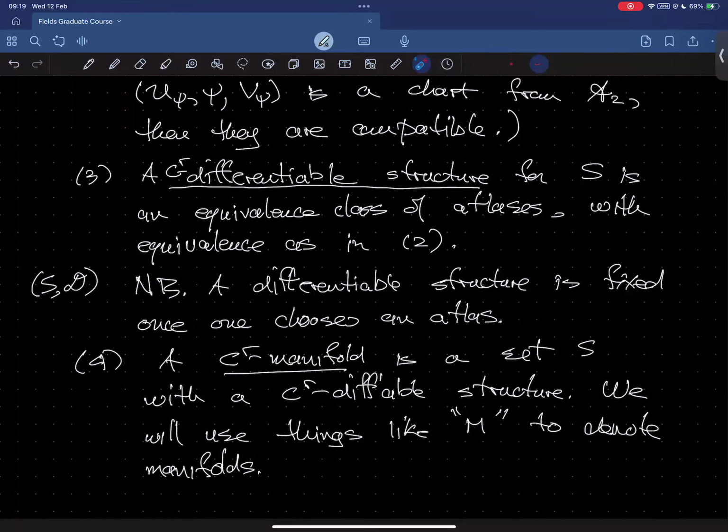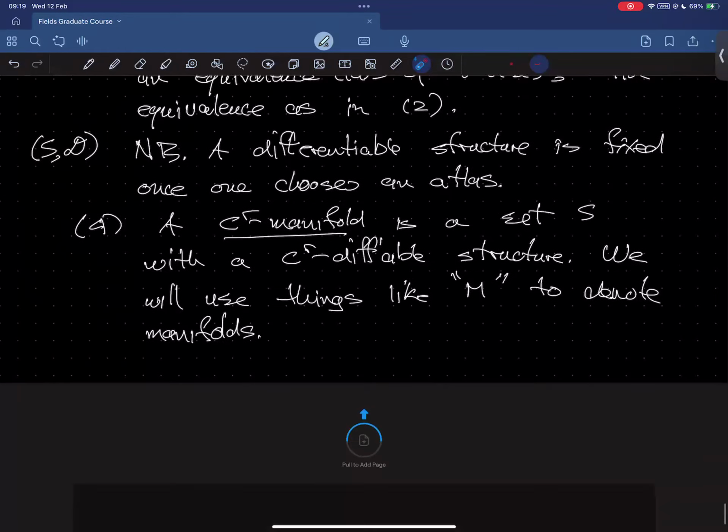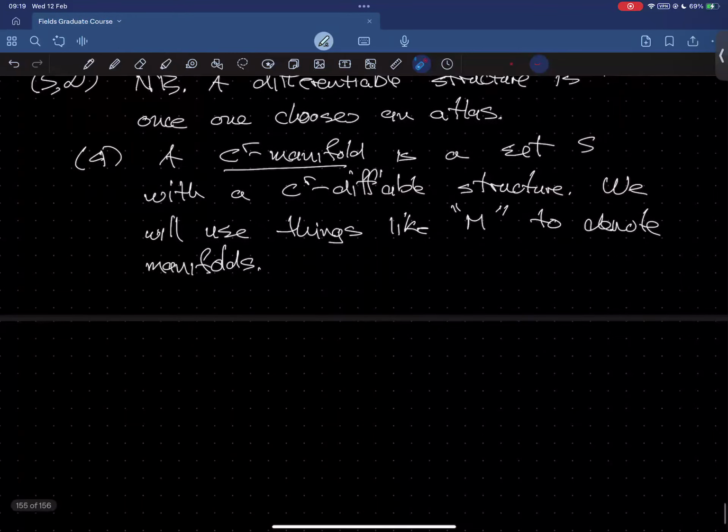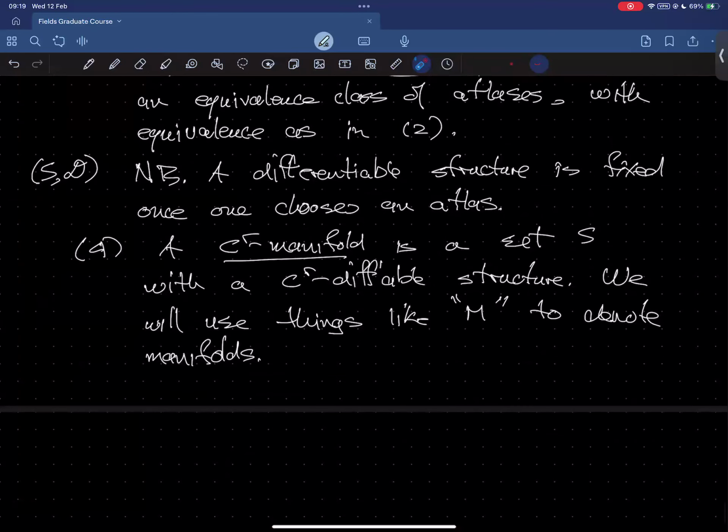But there's Fields Medal winning work by John Milnor talking about different differentiable structures for the same set. So there are some deep questions there, which we'll just sort of forget can happen.